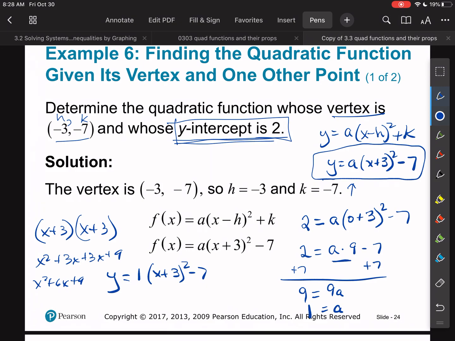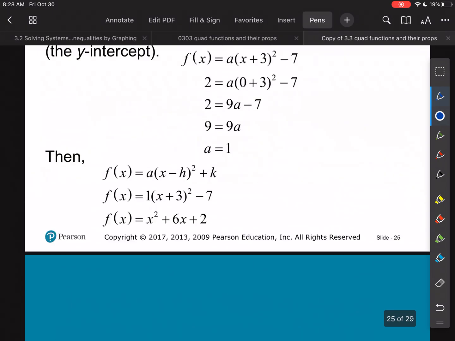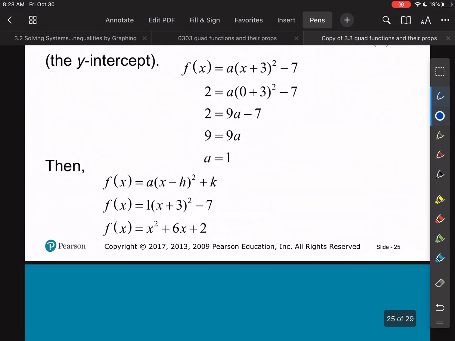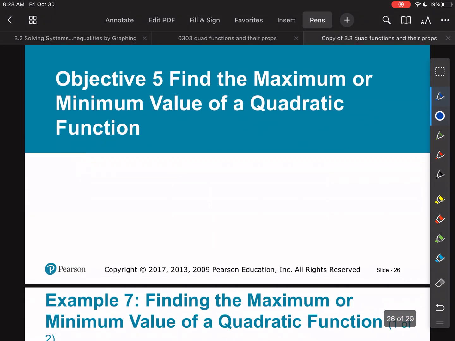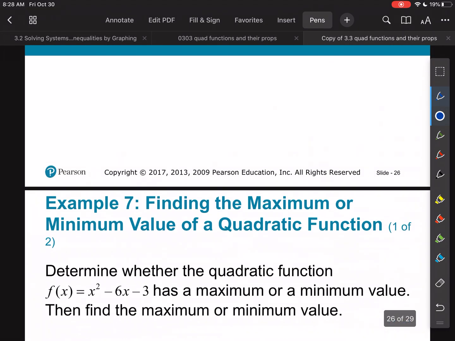So your final answer would be y is equal to x squared plus 6x, and then 9 minus 7 is simply 2. Or they might want you to put that in f of x form. Anyway, so that's that one. Oh, and look at that, we got the right answer. That's good. Okay, so objective 5 is the last thing, you guys.